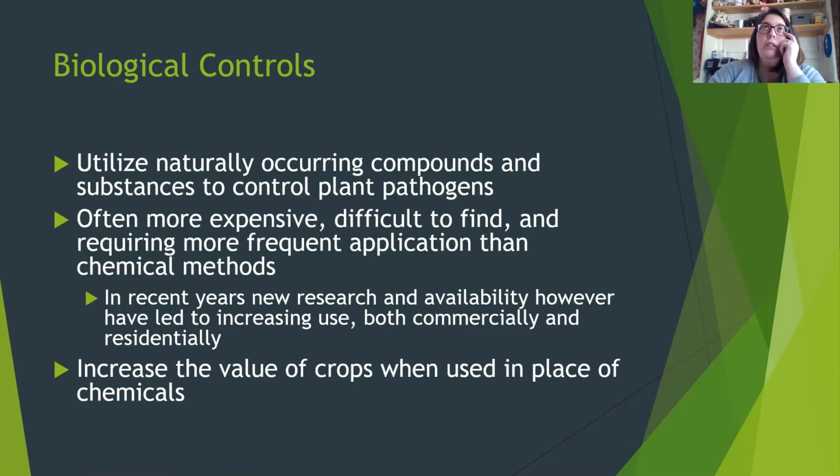Going back to biological controls real fast. A really extreme example would be, let's say you have 2 acres of property out in the middle of the country and it's tick season.